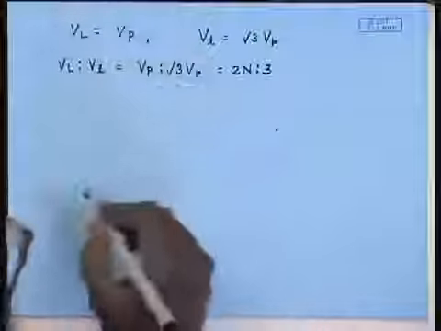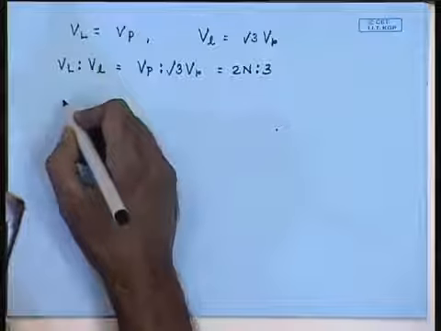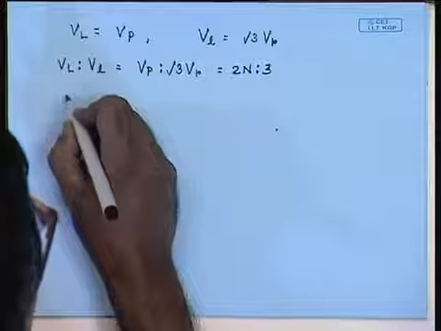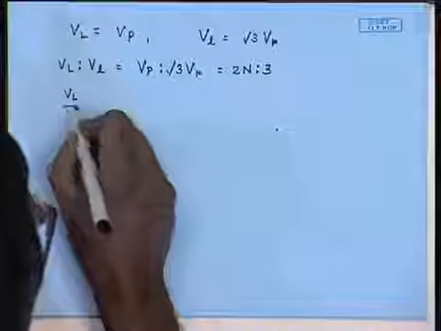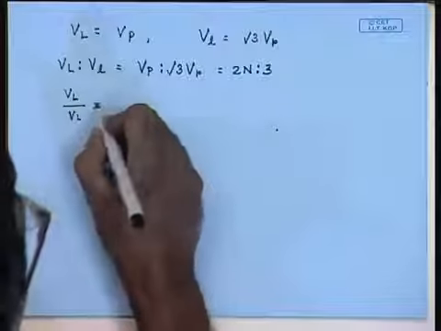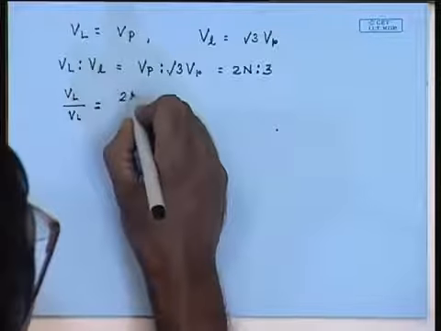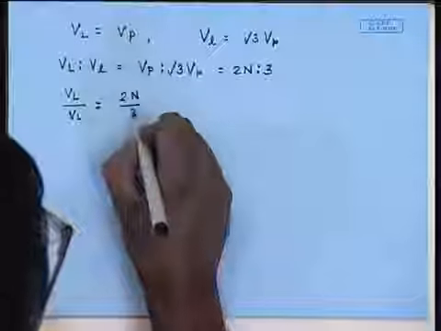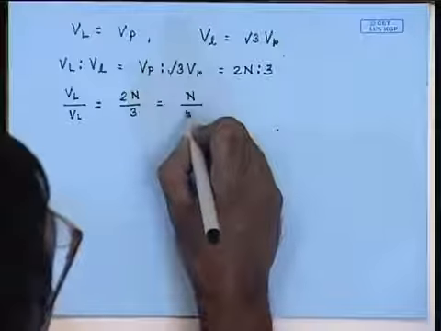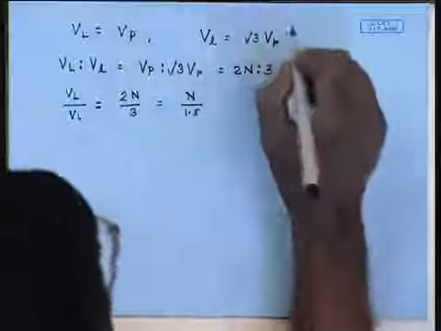One interesting thing to note here is VL is to VL in this case equal to 2n by 3, or equal to n divided by 1.5.